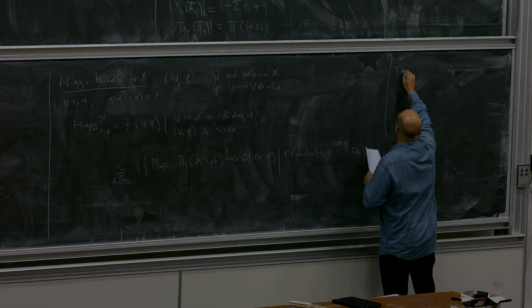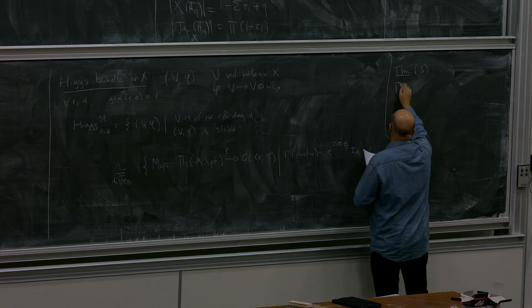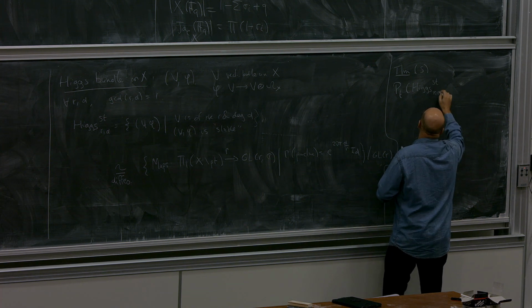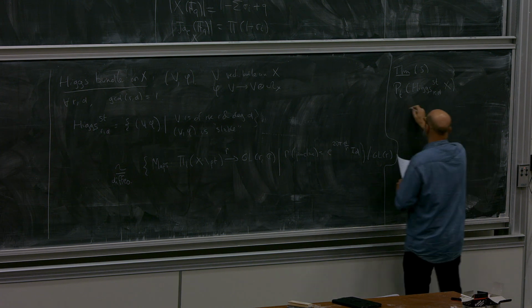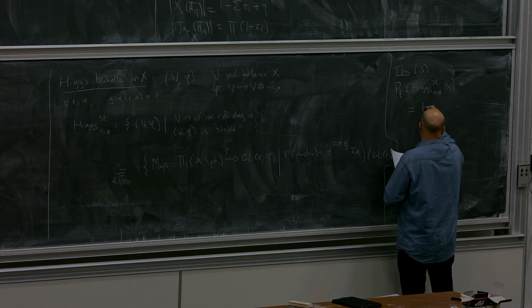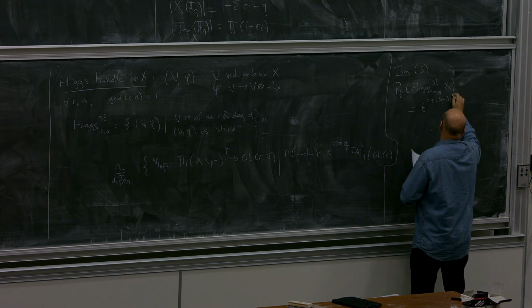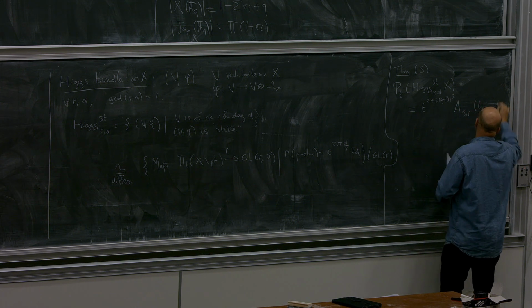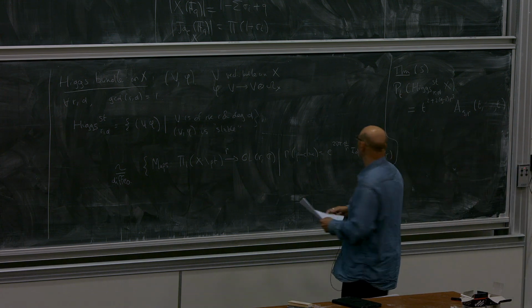So here's the theorem. The Poincaré polynomial of this moduli space of stable Higgs bundles is equal to, up to a power, up to a rescaling, a specialization of this polynomial counting indecomposable vector bundles.